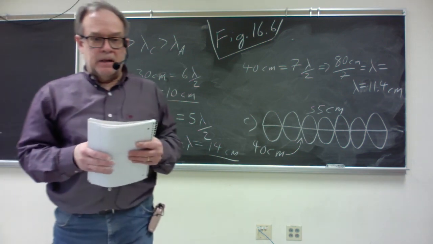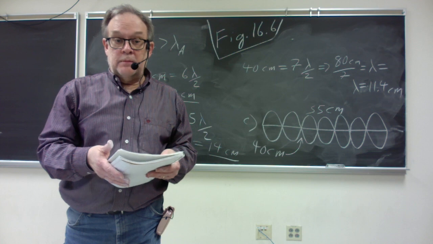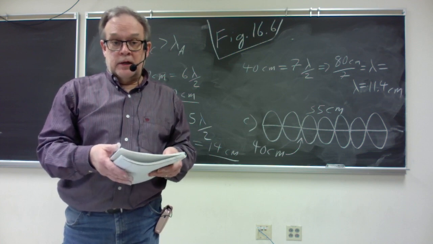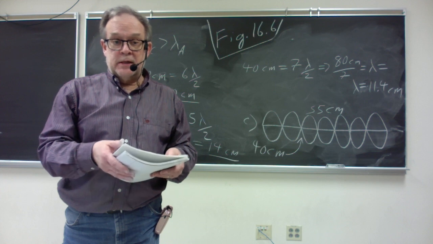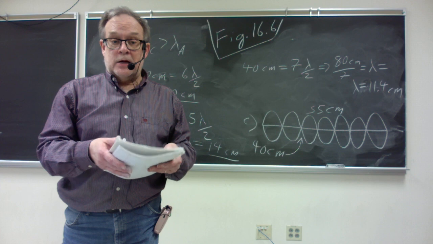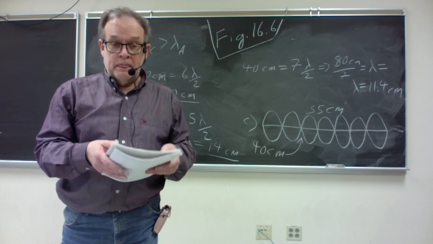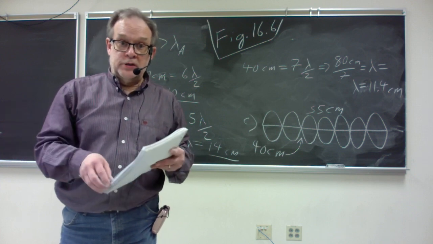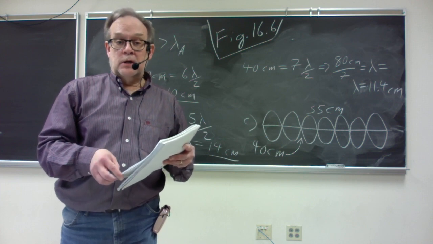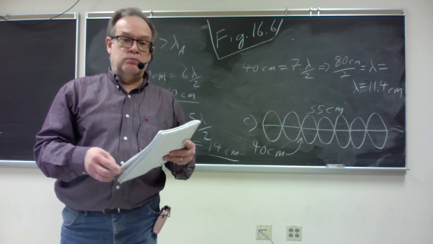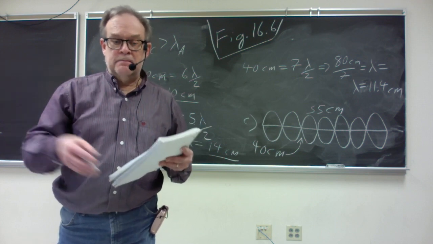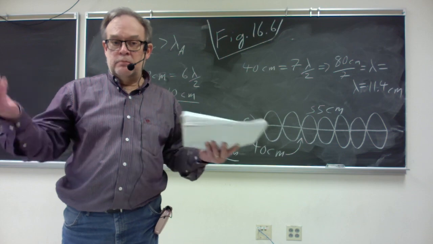Okay, that's just an initial example of how to think about standing waves. In class, we'll practice some more with these basic ideas and then start to think about what standing waves actually do in real-world situations, especially in the production of sound, the production of the human voice, and the production of musical sounds.